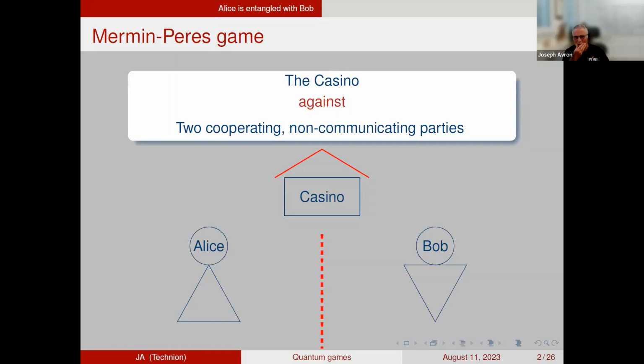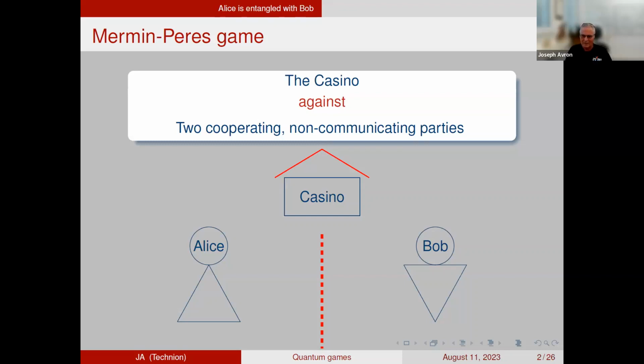I'm going to tell you today about a quantum game, which is known as the Mermin-Peres game. And the game has a classical and a quantum version. The purpose of the game is to show that once parties are allowed to use entangled quantum states, they have an advantage in playing the game.